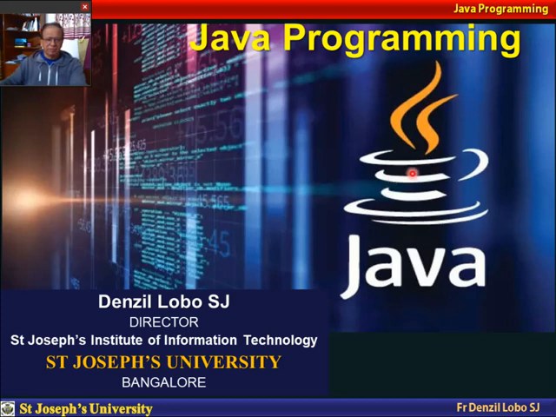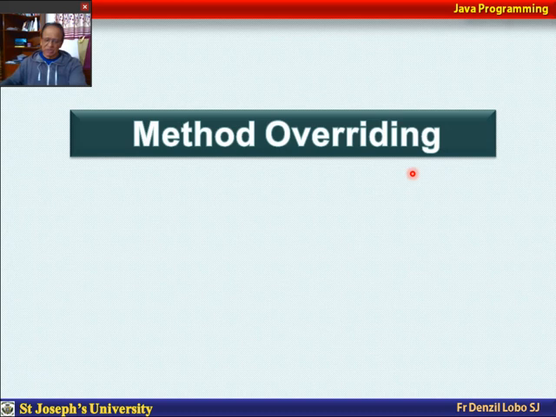Java programming. In this lecture, we will deal with method overriding. In the last lecture, we dealt with method overloading. As you remember, methods in Java can be overloaded. That means you could have multiple numbers of parameters passed for the same name of the method.